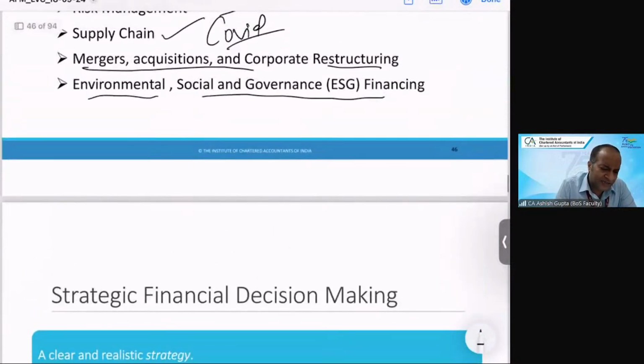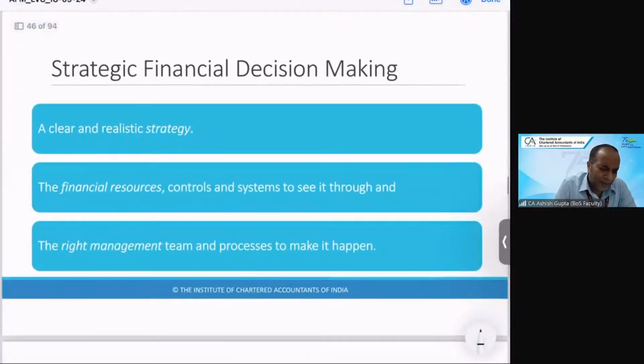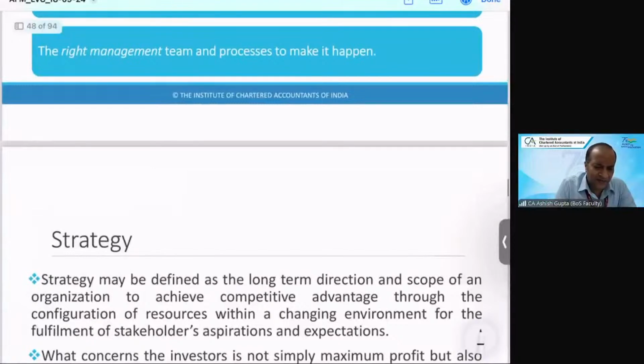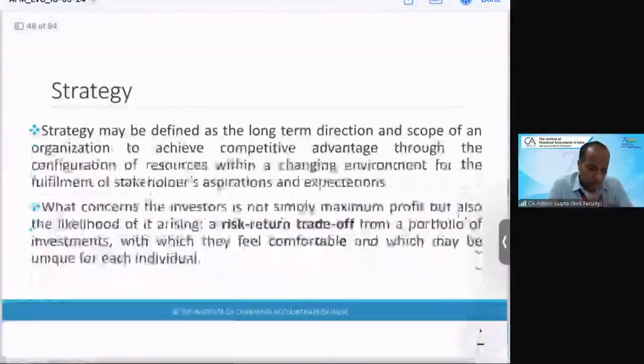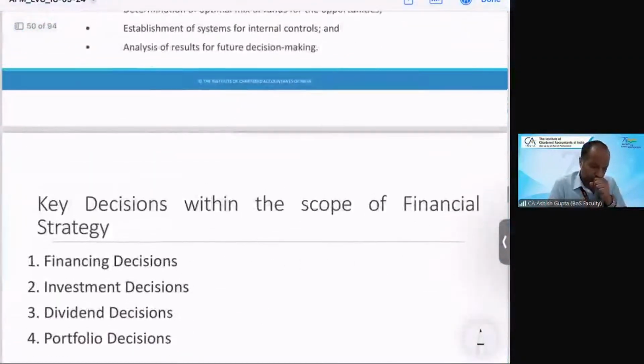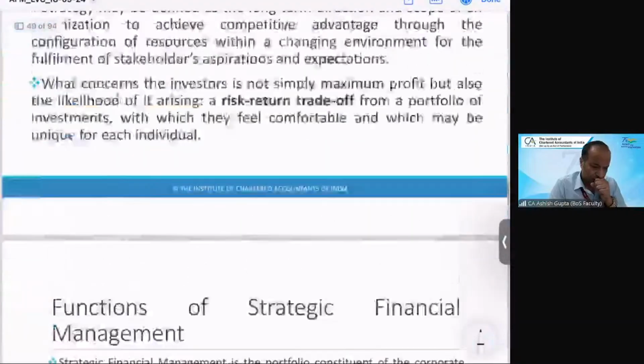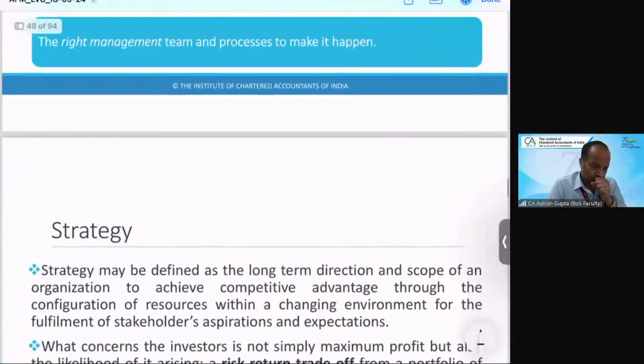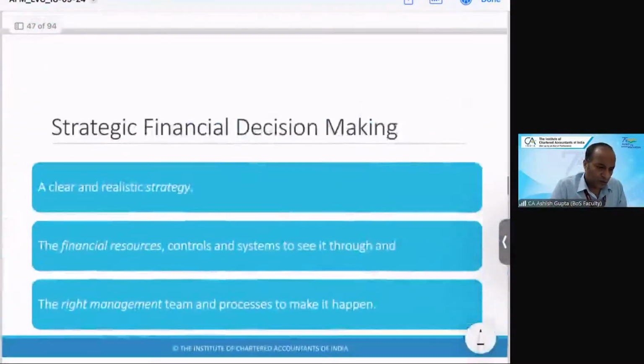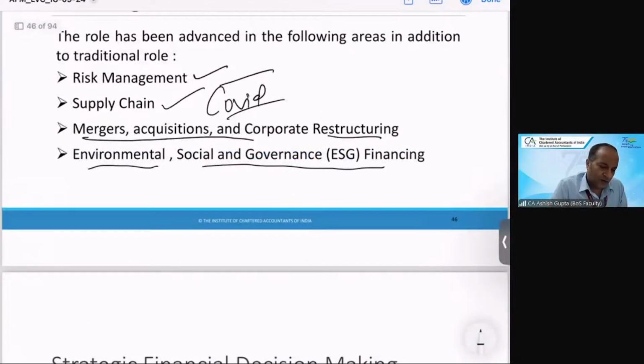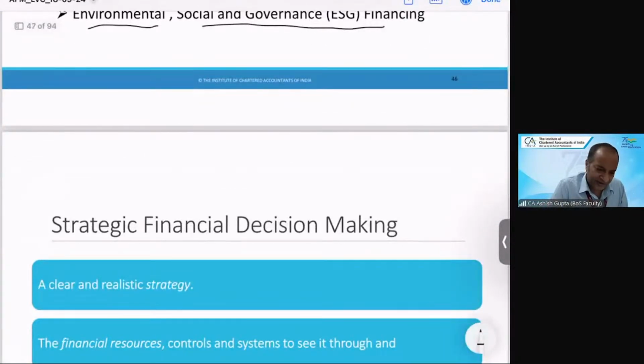When we talk about ESG, students, please remember it is a kind of strategy where we have to comply with the environmental, social, and governance aspects. So all aspects have been covered here. Of course, there is a theory there. You can refer to the same.